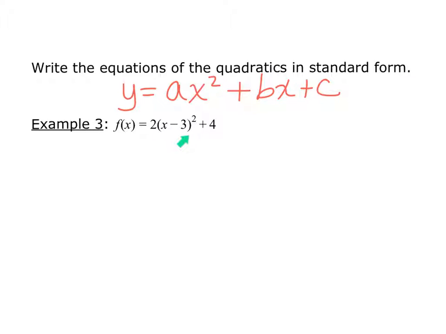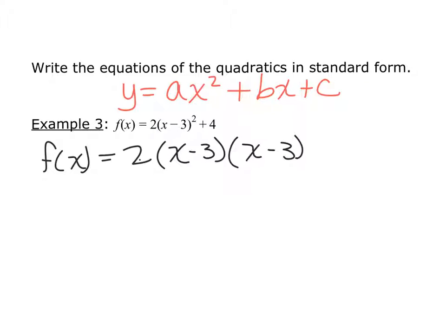That's all we're going to do. So I've got f of x equals 2. What does it mean to square something? Multiply it by itself. So I'm going to have x minus 3 times x minus 3 plus 4.